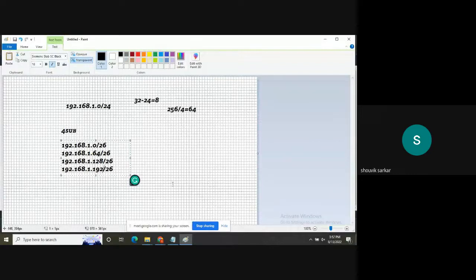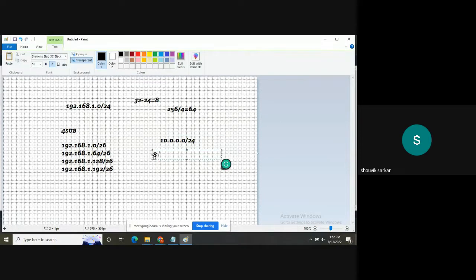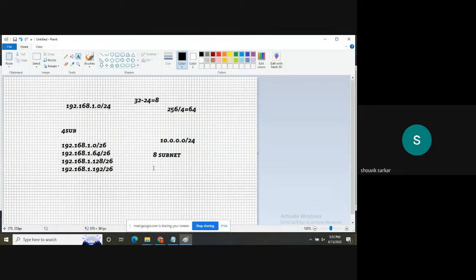So let's give another one. Can you solve this one? 10.0.0.0/24 is there.